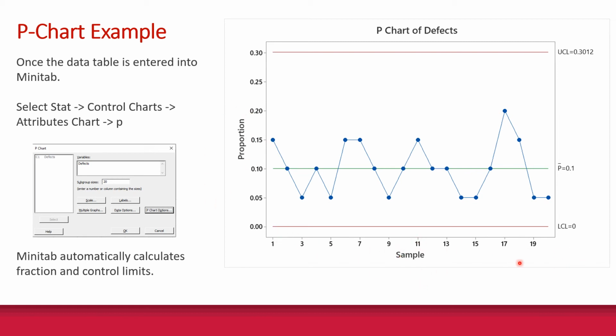We drew 20 samples, and the chart falls along. There's really nothing out of control here. It's bouncing around, and nothing exceeds the upper control limit or lower control limit. I don't see any obvious patterns here. It looks like everything's in control in this particular example.